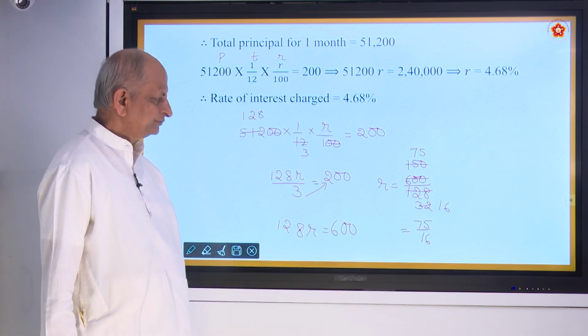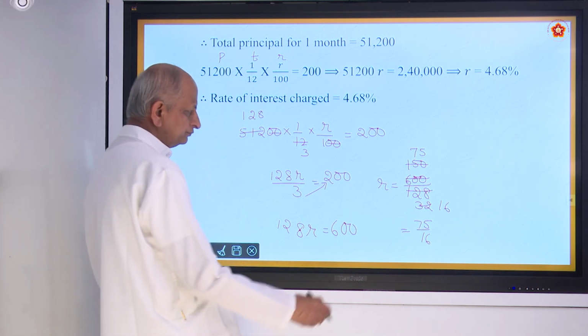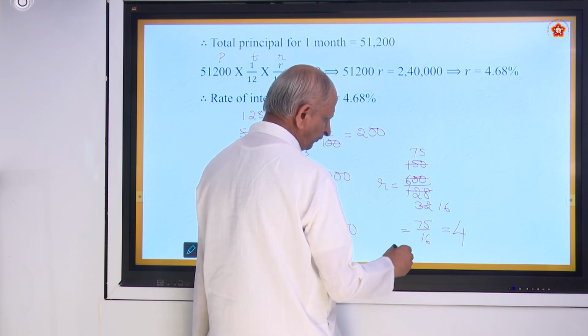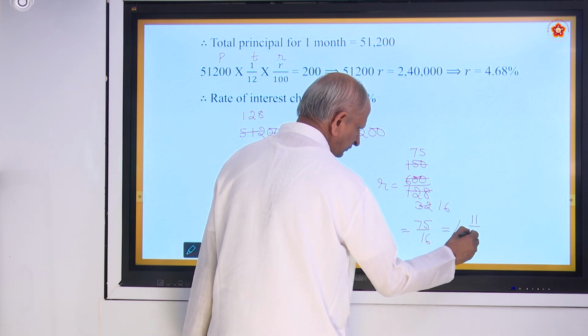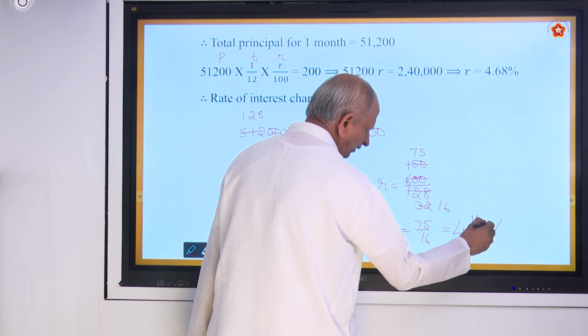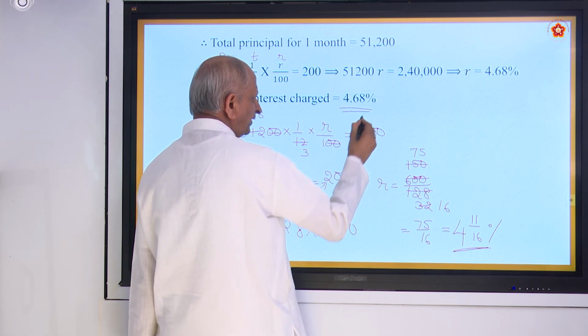That will be 16 4s are 64, 11 remains. So 4 and 11 by 16. So that is the answer. Or if it can be in decimals, it will be 4.68%.